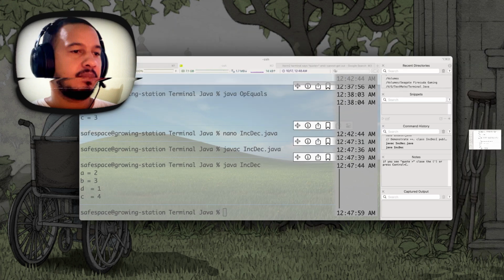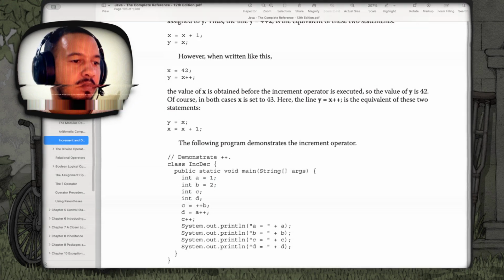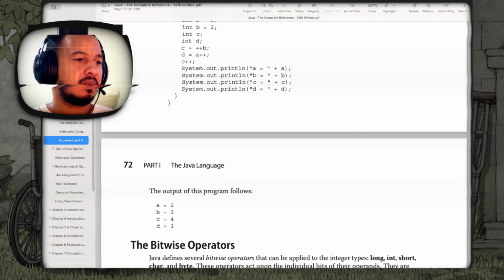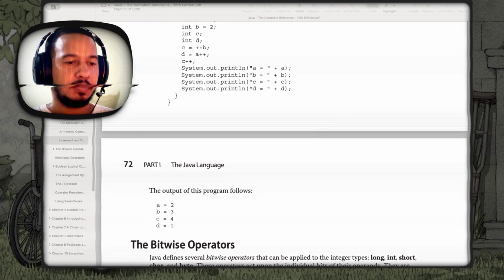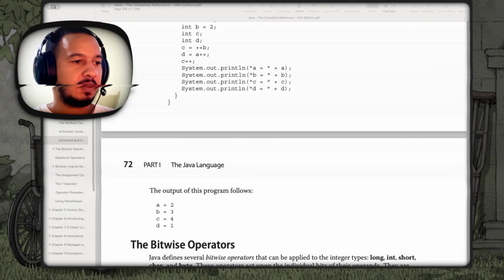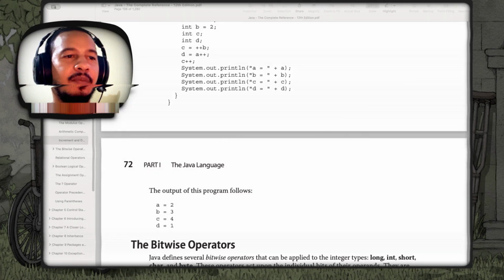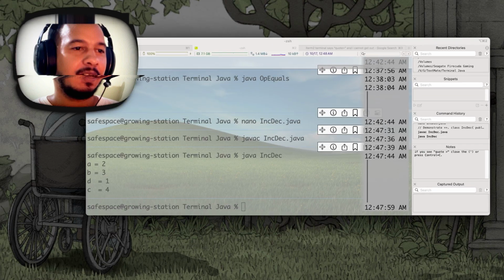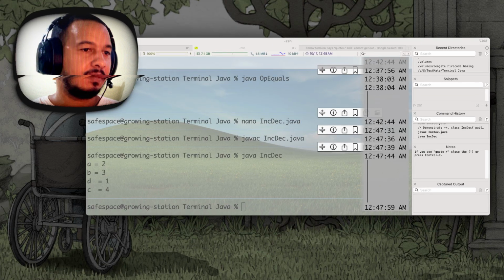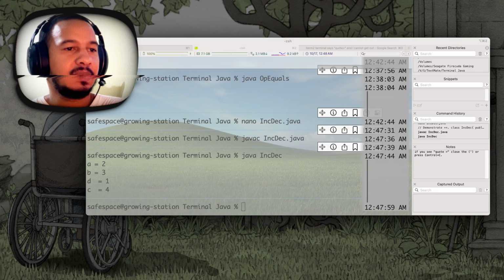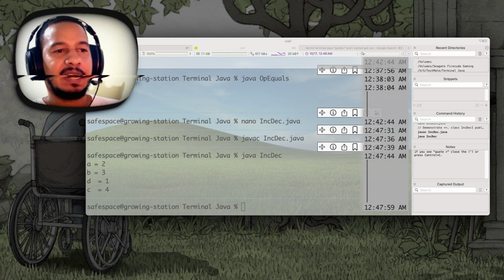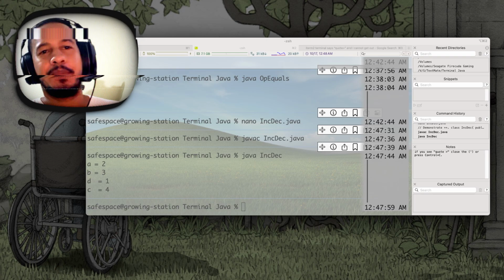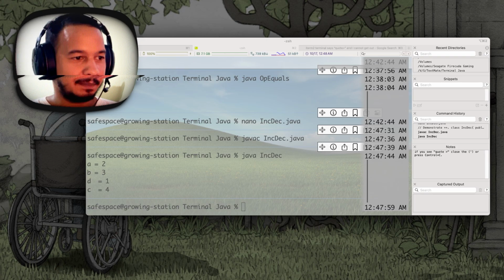Okay, so it looks like our output is 2314. Same thing, except a little out of order, but we got the same results.